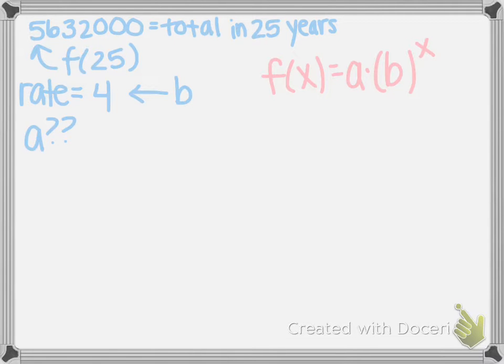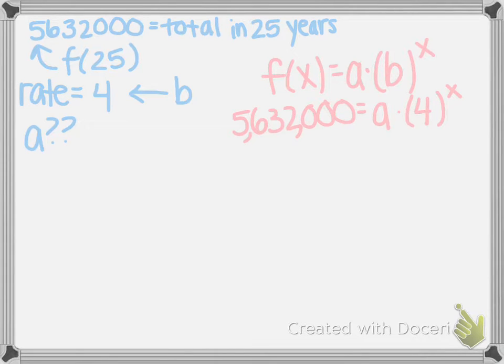So this time we know f of x. We know f of 25 is 5,632,000, and we know that our b value is 4. Now here it says that this is how many rabbits will be in the park after 25 years.